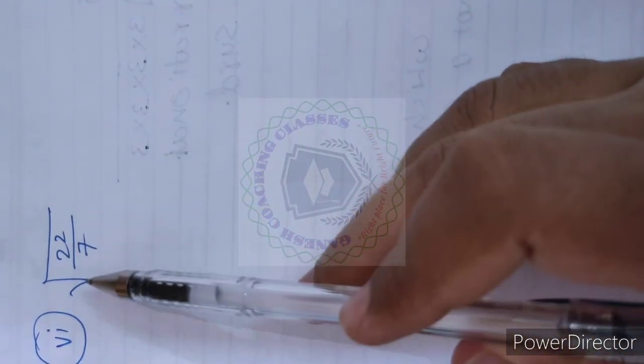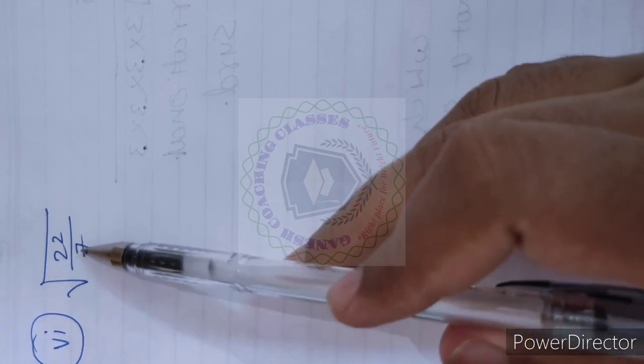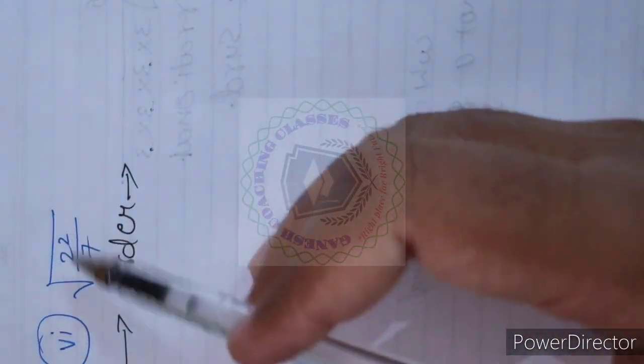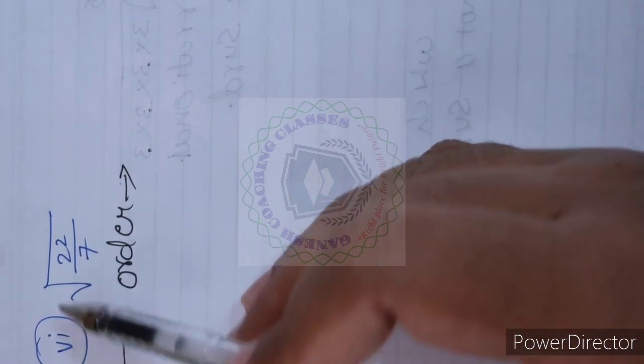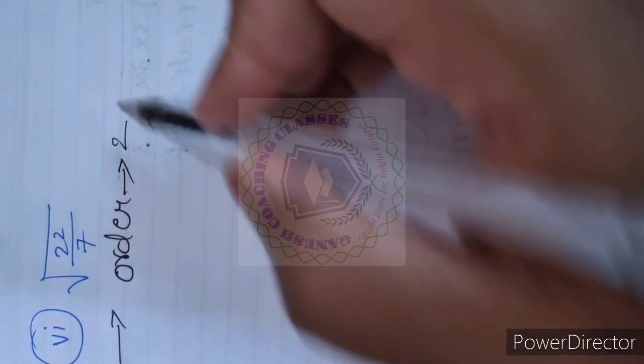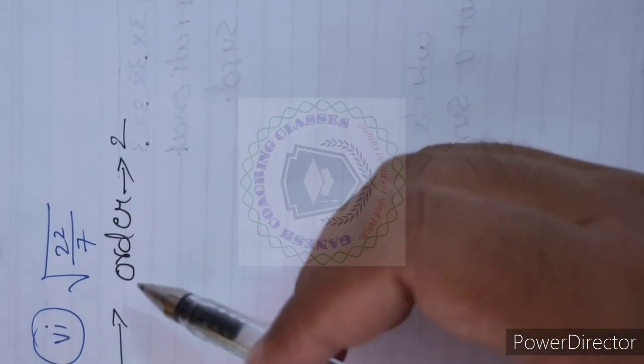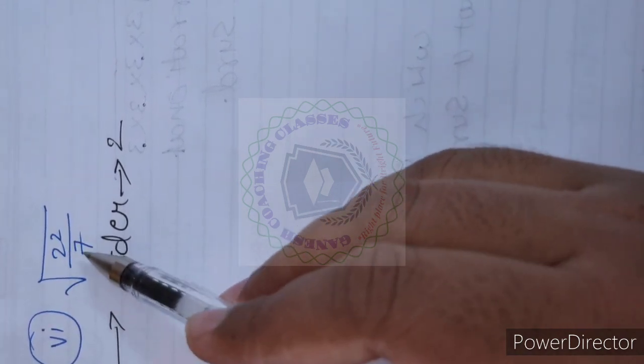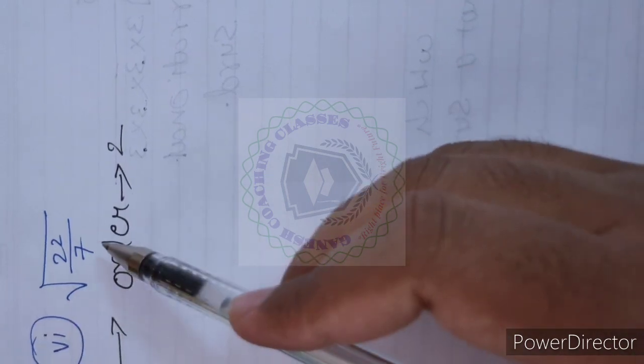Here given is the square root of 22 by 7. So first of all we will write the order. What order is given here? Nothing is given, meaning it is 2. So here we have predefined that 22 by 7 is an irrational number. So here we will mention that 22 by 7 is irrational.